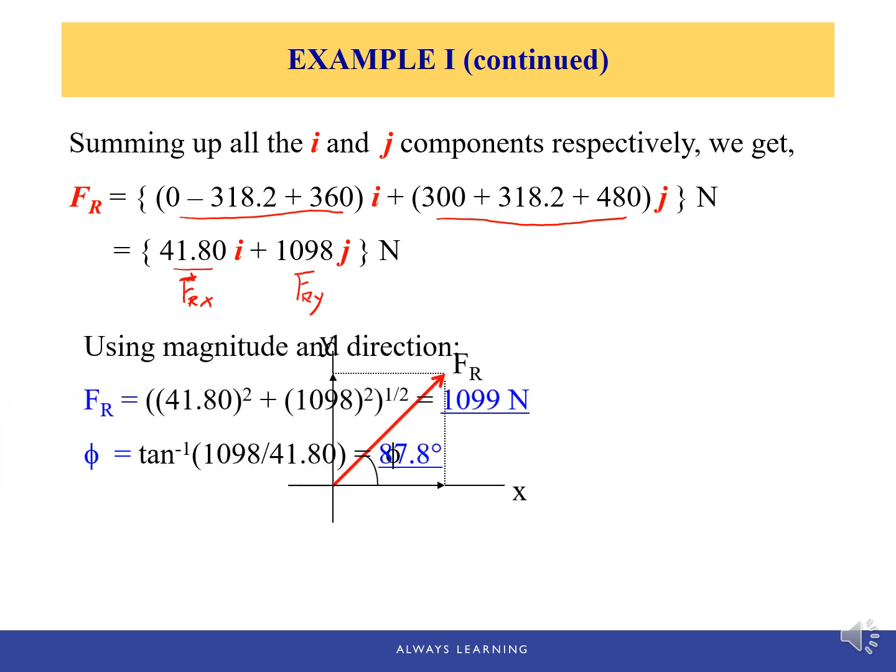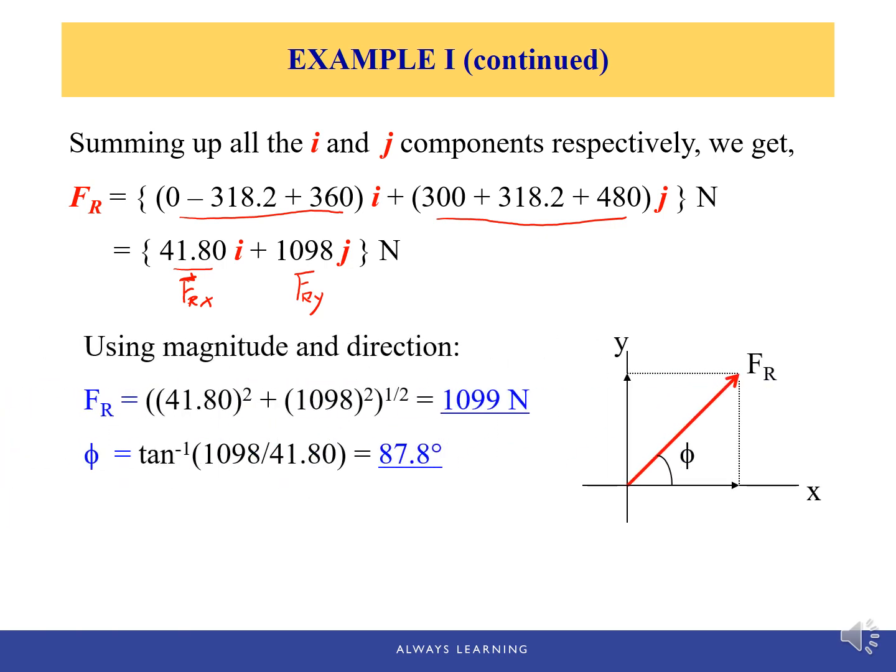So the magnitude of this FR is just the square root of the sum of the squares, based on trigonometry. And the angle, again, is the angle to represent the direction of a 2D vector, which is the angle between the x-axis and the vector itself.